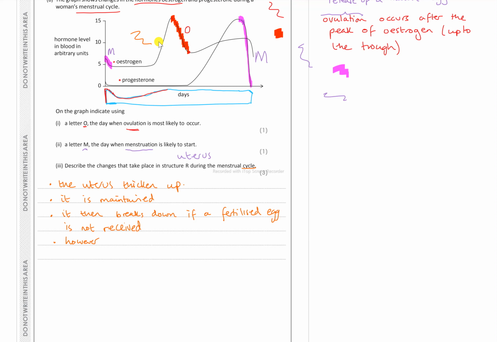However, if a fertilized egg is received, it is maintained, because you now have a fertilized implanted egg in there, and those are the first stages of it becoming a baby.